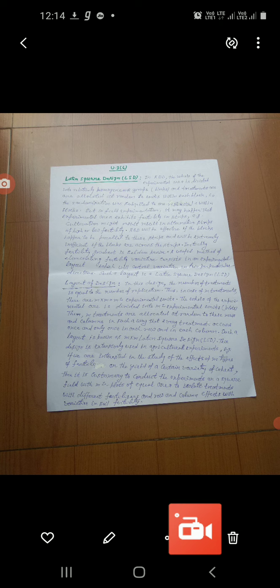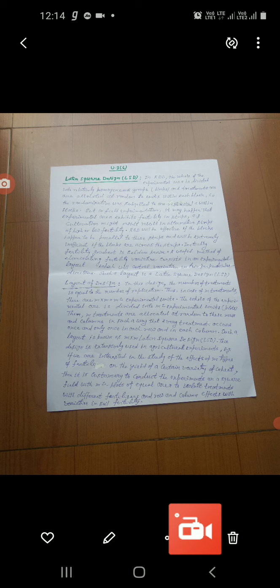Thus suppose there are m treatments, then there are m cross m, that is m square experimental units.